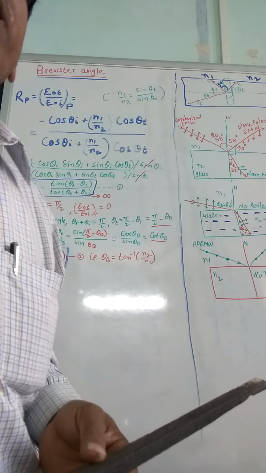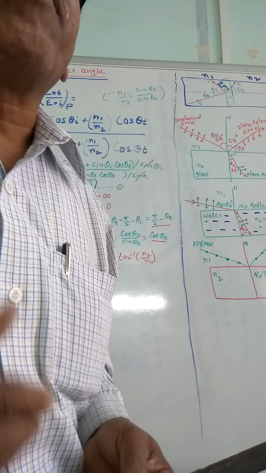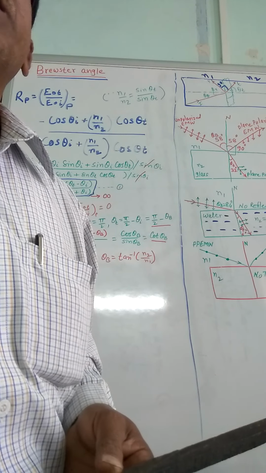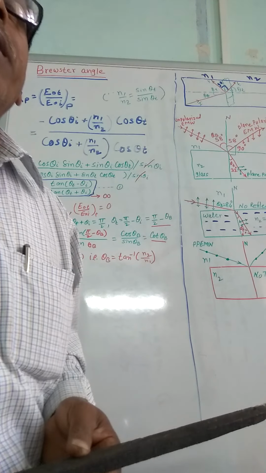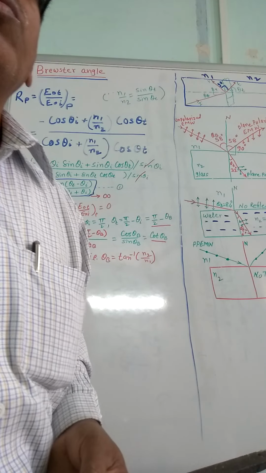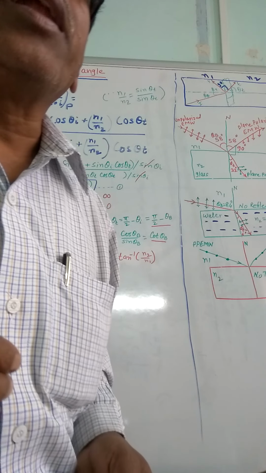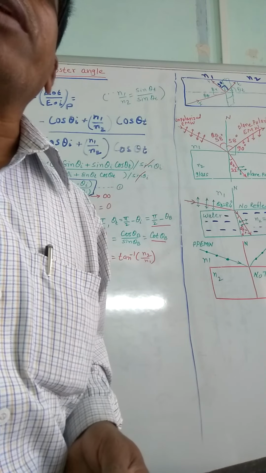Thus, when the reflected and refracted rays are perpendicular to each other, there is no energy carried by the reflected ray.